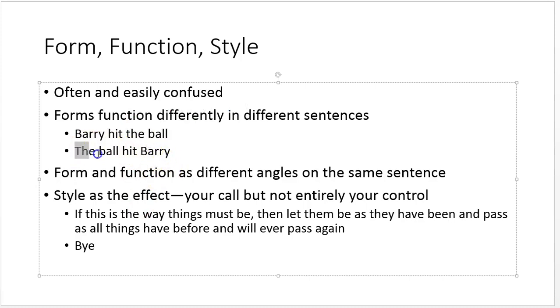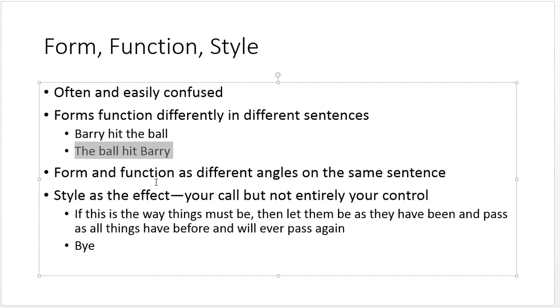And here are the exact same words and the exact same parts of speech. The ball is the noun, hit is the verb, and Barry is a noun. Okay? None of them have changed their form, but they've all changed function except for hit. And if you don't understand it, just ask Barry, because he's not so happy anymore.